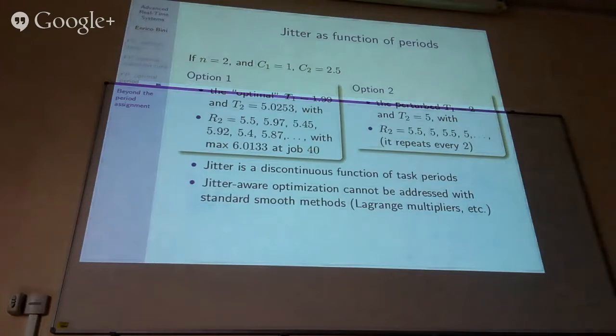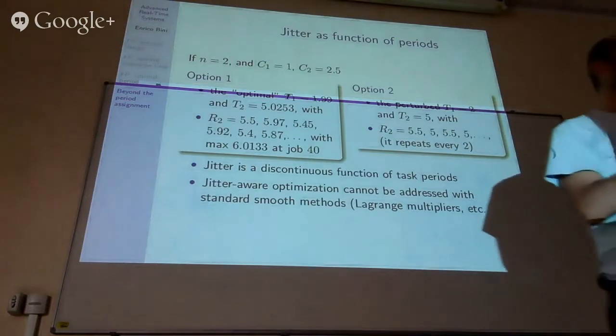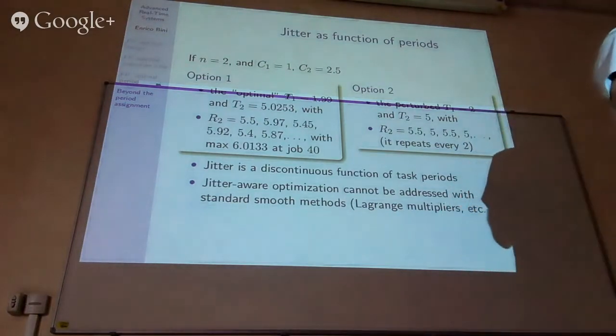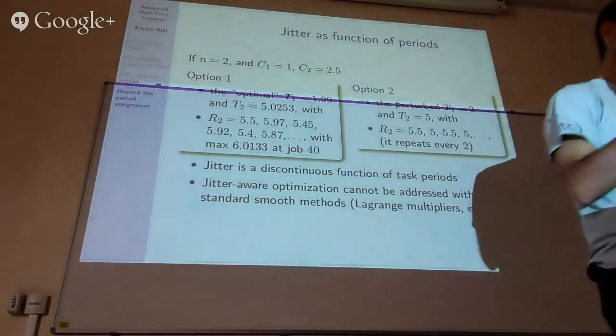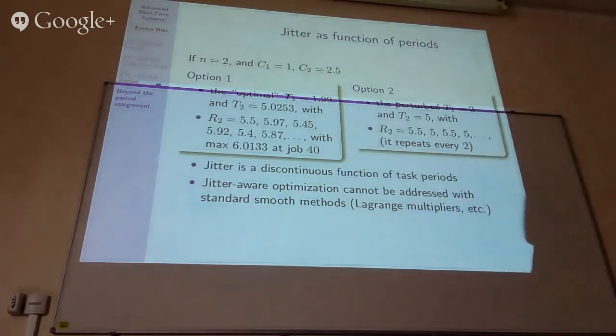But here, if you make a small perturbation of periods, the response time jumps, which has a big impact on the cost, on the performance. So this is something that one has to consider. Maybe the techniques to solve this problem in reality have to be different from the techniques used with continuous variables.